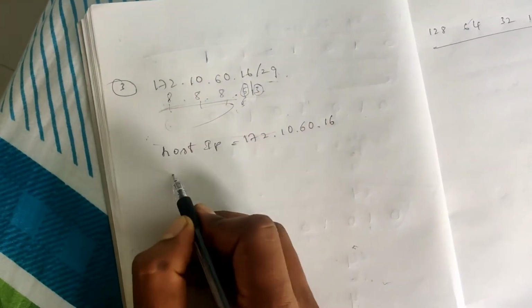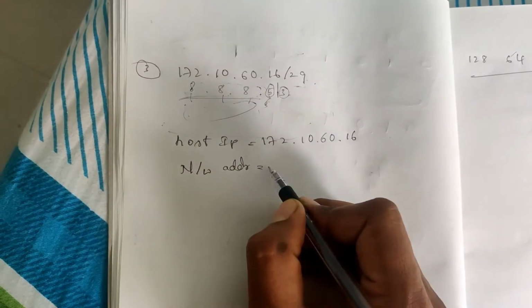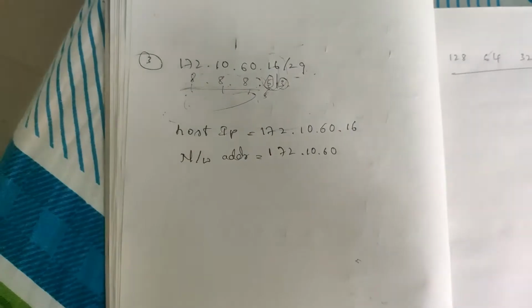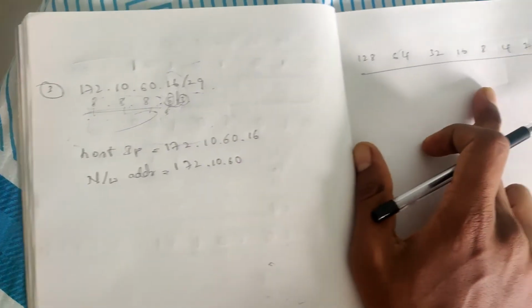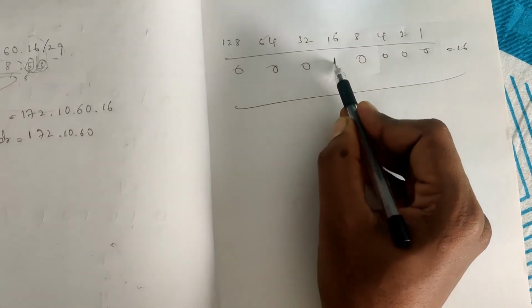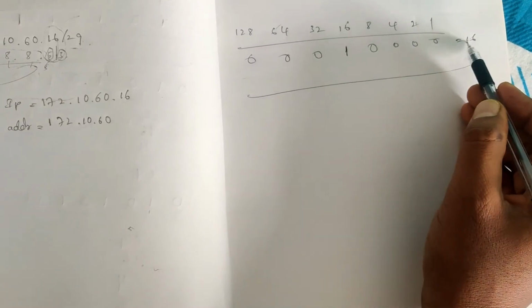172.10.60.16. Next, coming here, the network address. So for the network address, these 3 octets are fixed, right? That means 172.10.60 are fixed. So here is where we have to split, so we write down 16 here. Directly we have the number 16 here, so the rest are turned to 0.